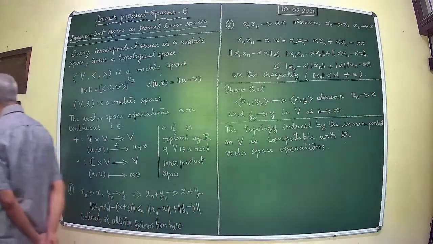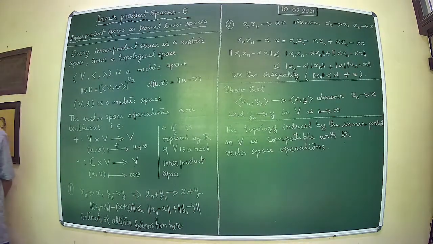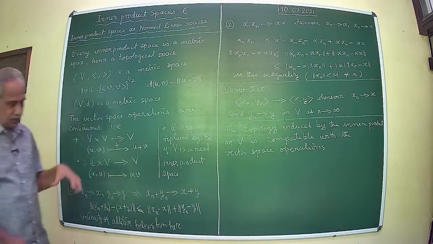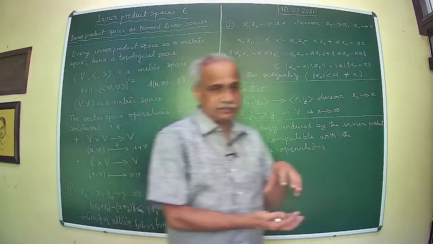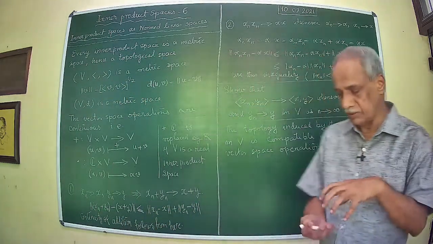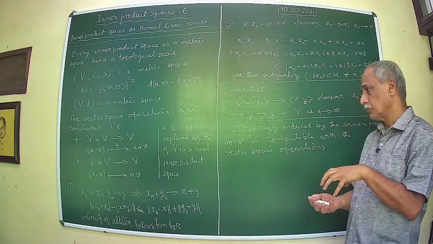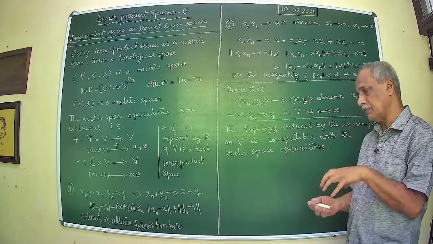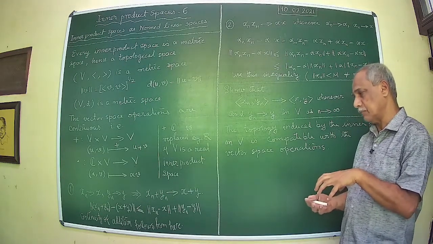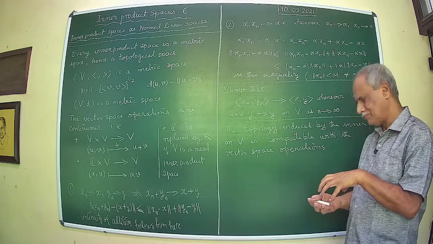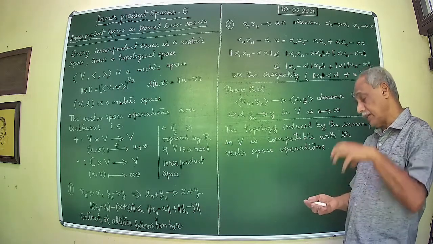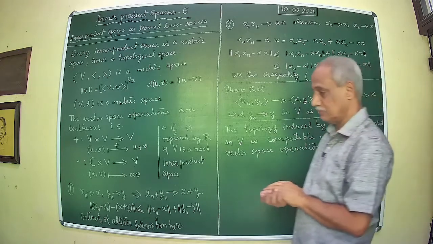And in those circumstances, what you have is a linear space. Abstractly, this is what you have. You have a linear space, which means there is a concept of addition and scalar multiplication. And then you have a topology on that.